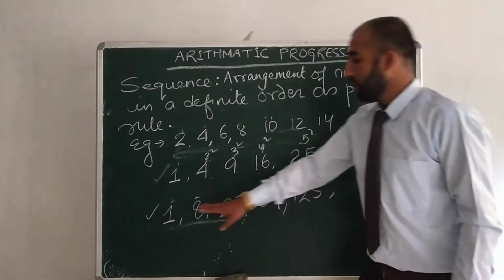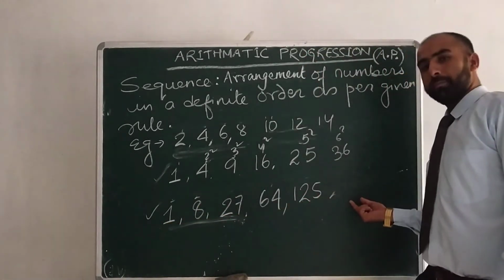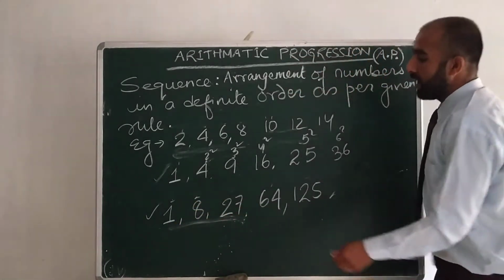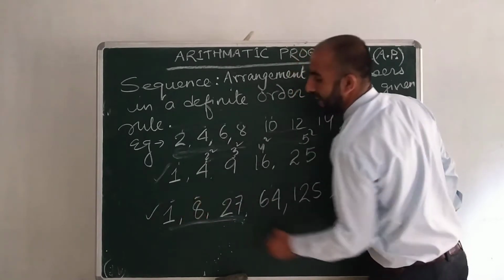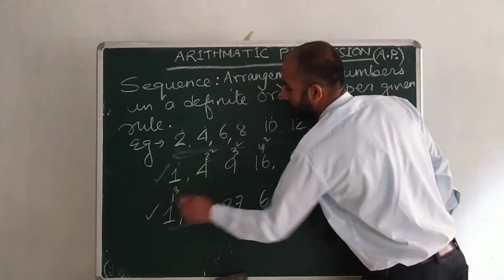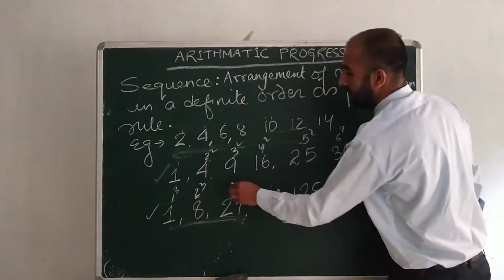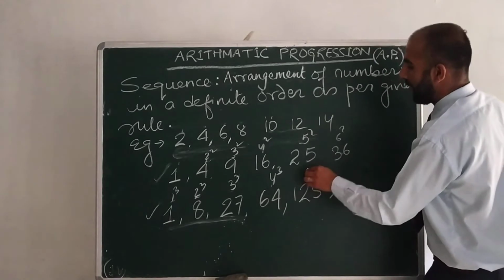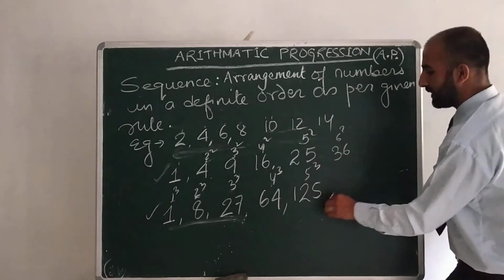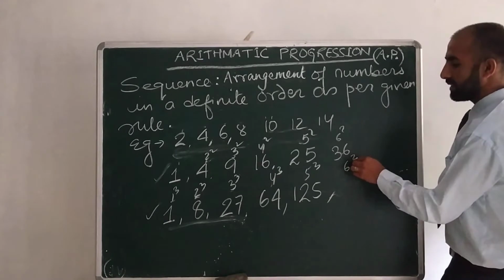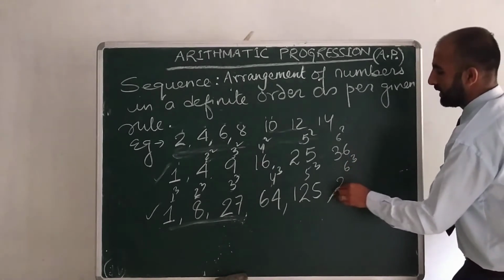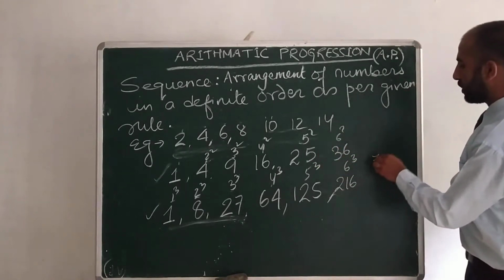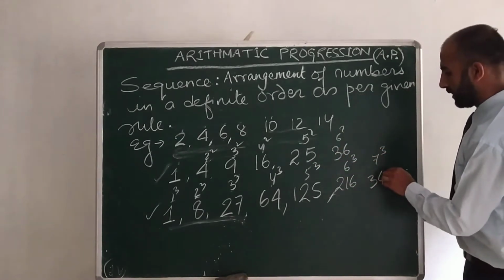Can you guess what will be the next one? If you look at it carefully, you will find these are the cubes of natural numbers. Because 1 cube means 1, 2 cubed means 8, 3 cubed means 27, 4 cubed 64, 5 cubed 125. So what will be the next? That is obviously 6 cubed, that is 216. If I ask you to go for one more, you can go with 7 cubed, which is 343.